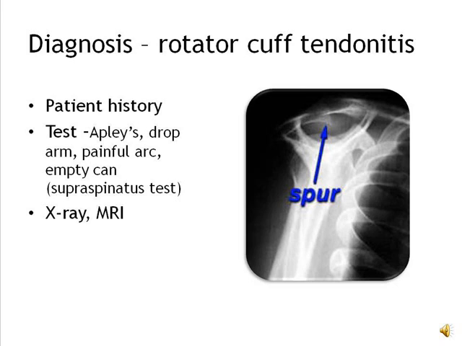So how do we diagnose rotator cuff tendonitis? Well, of course, as always, we do the patient history. They will complain of the pain related to the symptoms that we just saw. And what you as therapists might find is that the patient has tenderness over the shoulder while you're palpating.